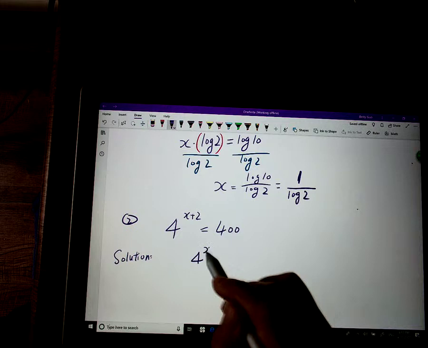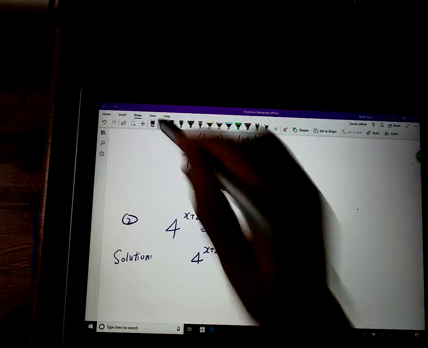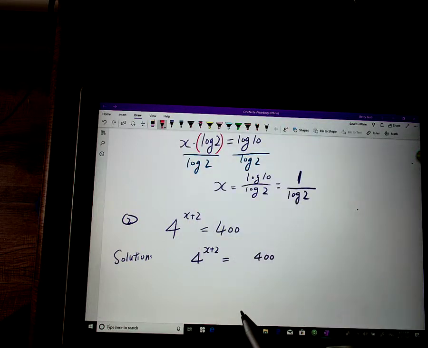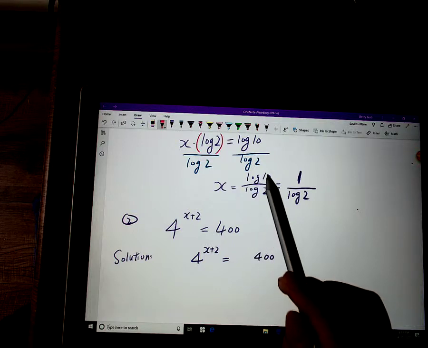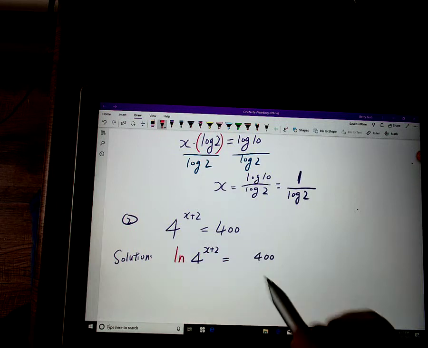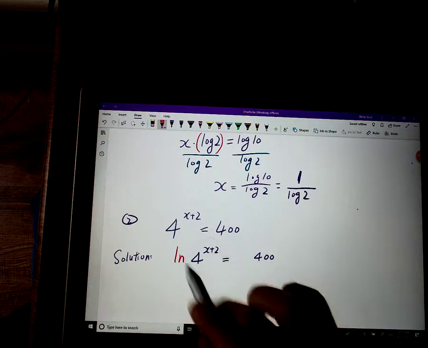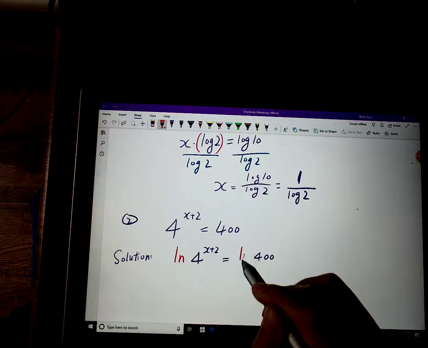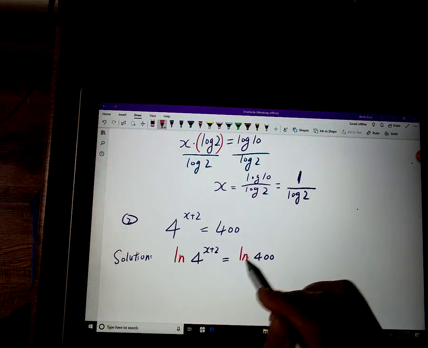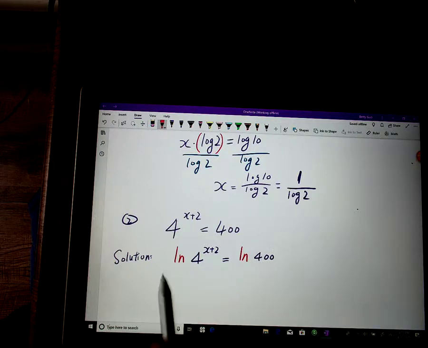We have the exponential equation now, and we apply either a common logarithm or natural logarithm. Since we did the common logarithm earlier, this one I'm going to do the natural logarithm, ln. Remember, a function is kind of like an operator. We apply the natural logarithm on the quantity on the left, and I apply the natural logarithm on the quantity on the right also. So if I treat both sides of the equation the same way, then the equation would remain the same.